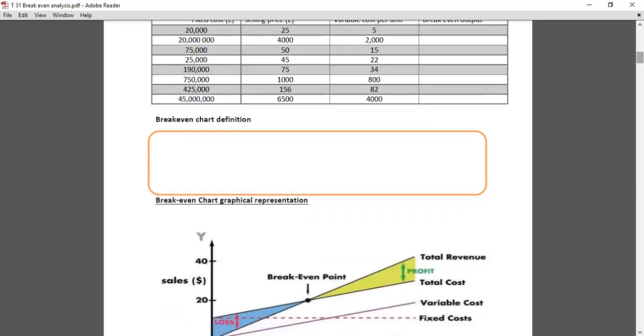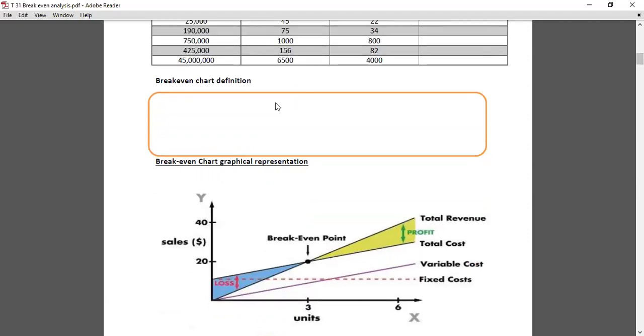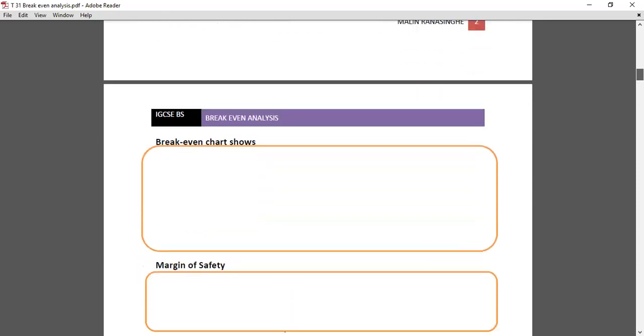Past paper questions are there from the break-even chart. The break-even chart is a chart where the total cost and total revenue curves are graphed, and the break-even point is the point where the total cost and total revenue curves intersect, right? Now we will move on to the advantages and disadvantages.